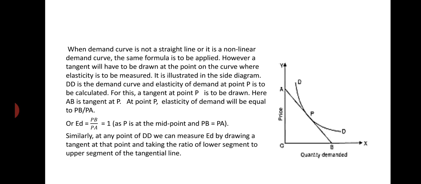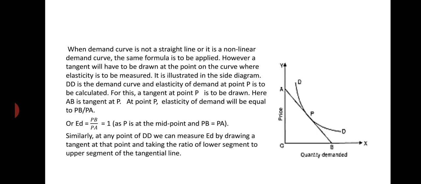Similarly, at any point of DD, we can measure elasticity of demand by drawing a tangent at that point and taking the ratio of the lower segment to the upper segment of the tangential line. So, if we are asked to measure elasticity of demand at any other point of the demand curve DD, then from that point we have to draw a tangent, and the tangent line drawn from that point will give us the idea of calculating elasticity of demand.